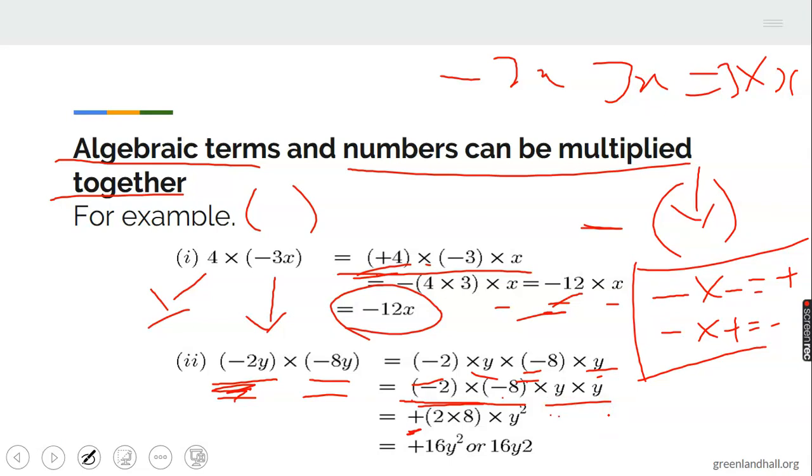Now, we have plus 16y squared, or simply 16y squared. The first number does not always carry plus unless it is a negative number. That is why we wrote 16y squared without the plus.